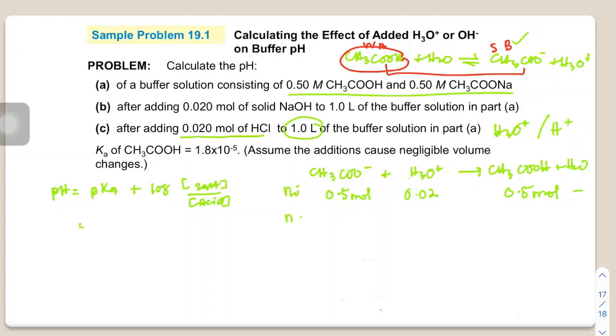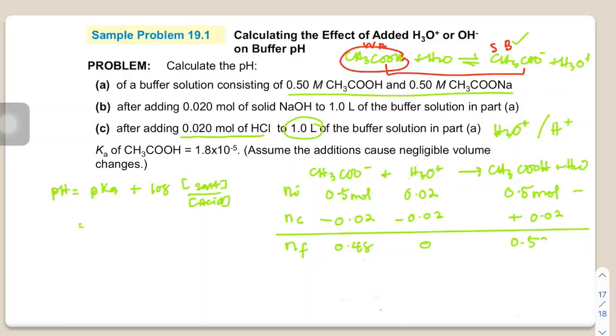So the amount that is changed is minus 0.02, which is the same amount of the H3O plus that is being added, because their ratio is 1 to 1, and for the acetic acid plus 0.02. So the amount final will be 0.48, 0.52.